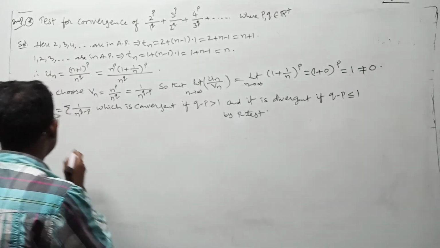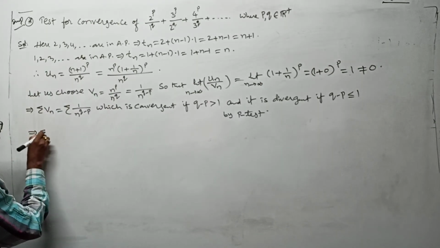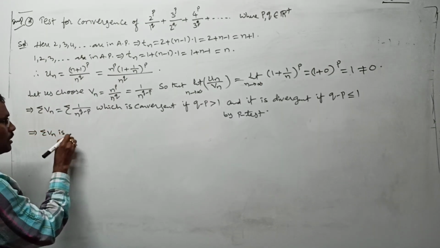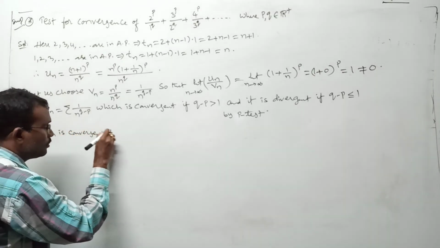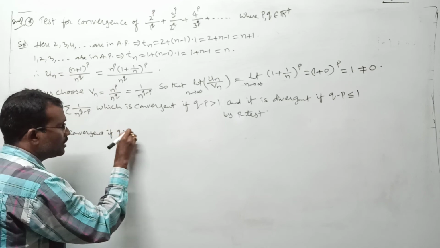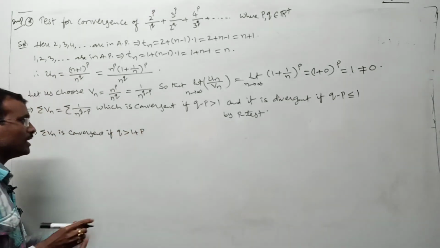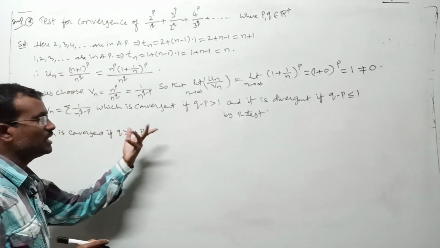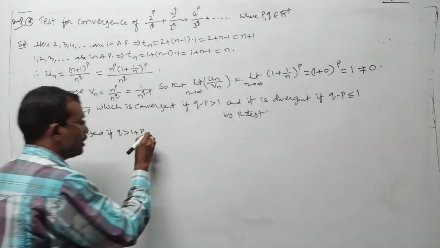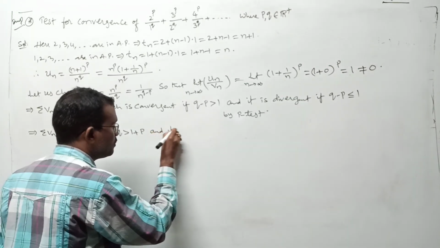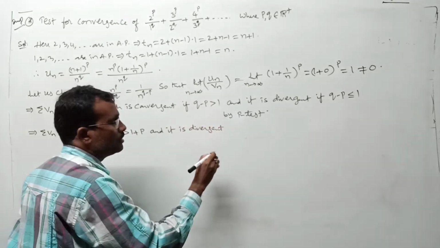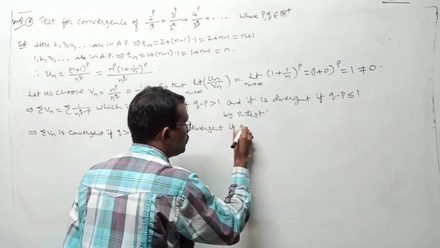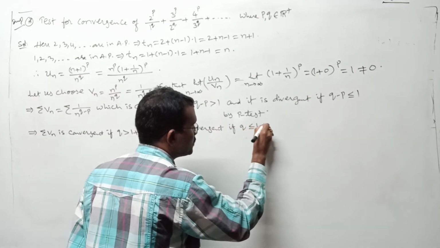I mean this implies, clearly I am writing, sigma vn is convergent if q is greater than 1 plus p. In the material I wrote p is less than q minus 1, any order, both are correct. And it is divergent if q is less than or equal to 1 plus p.